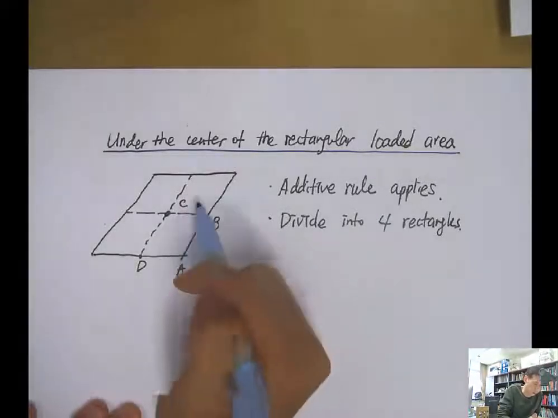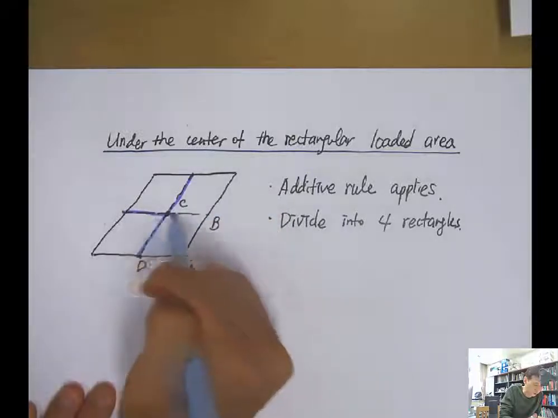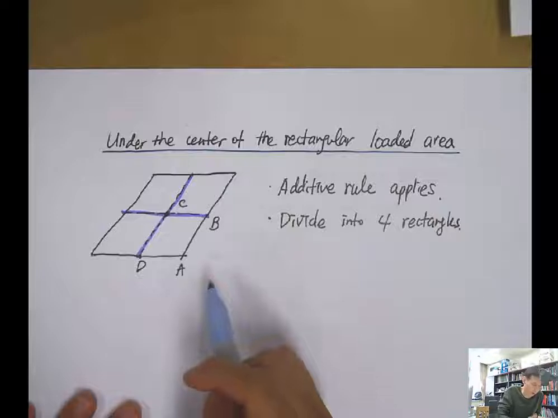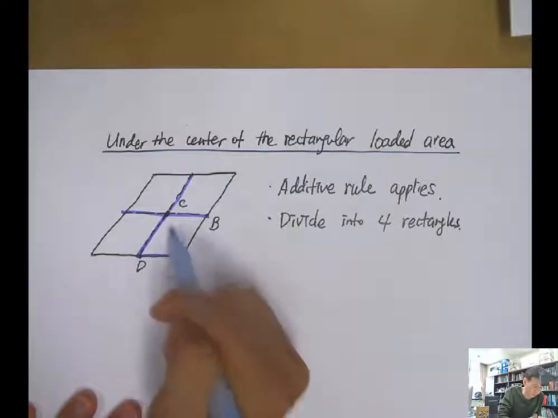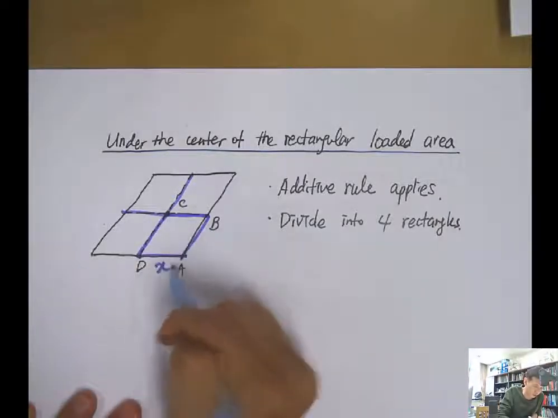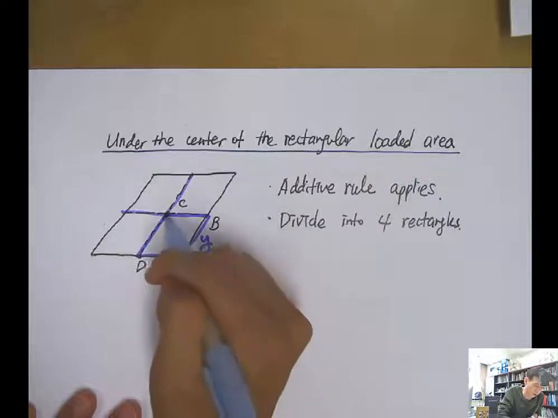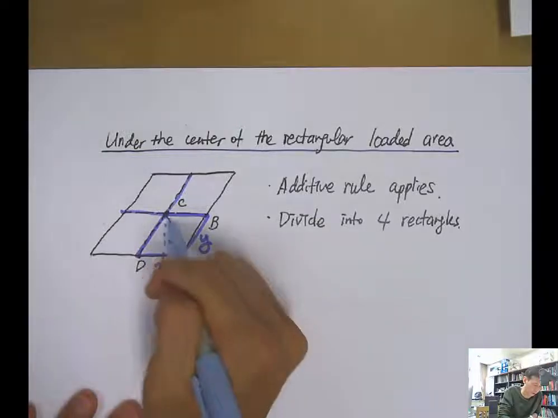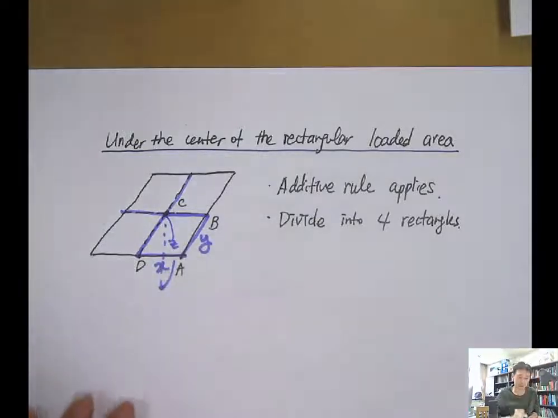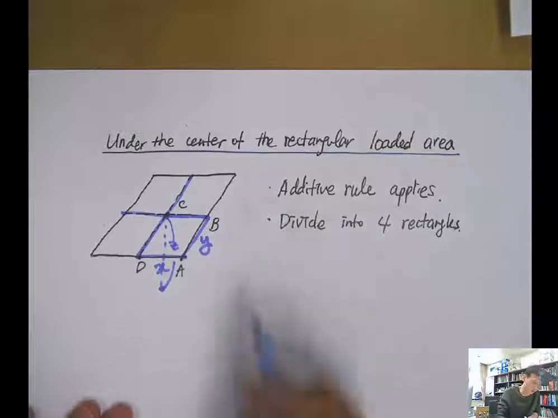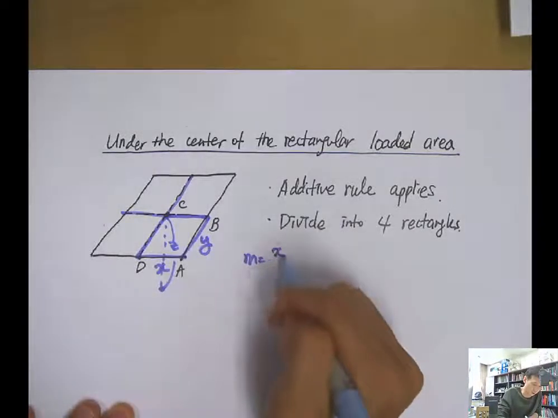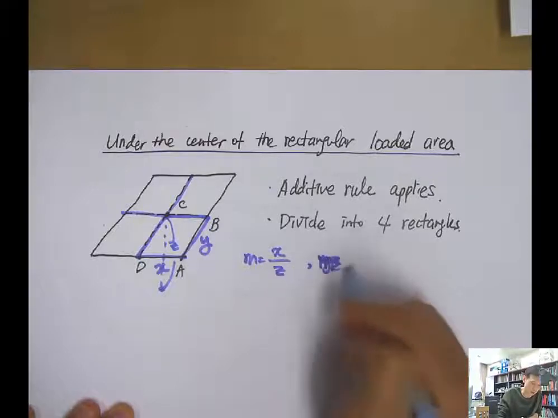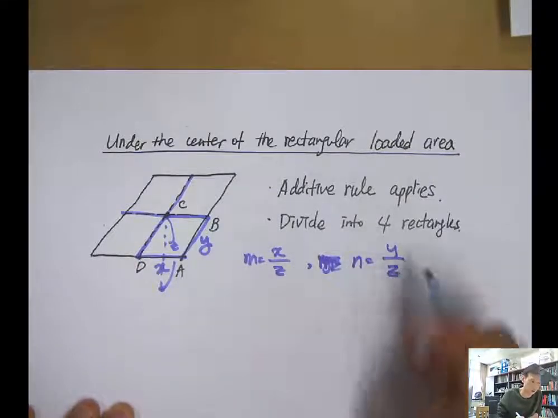So we can divide the whole rectangular area into 4 squares or 4 rectangles, and then we look at only here. So this will be the x, and this will be the y, and under the center you have a depth z, right? Then m will be x over z, n will be y over z.